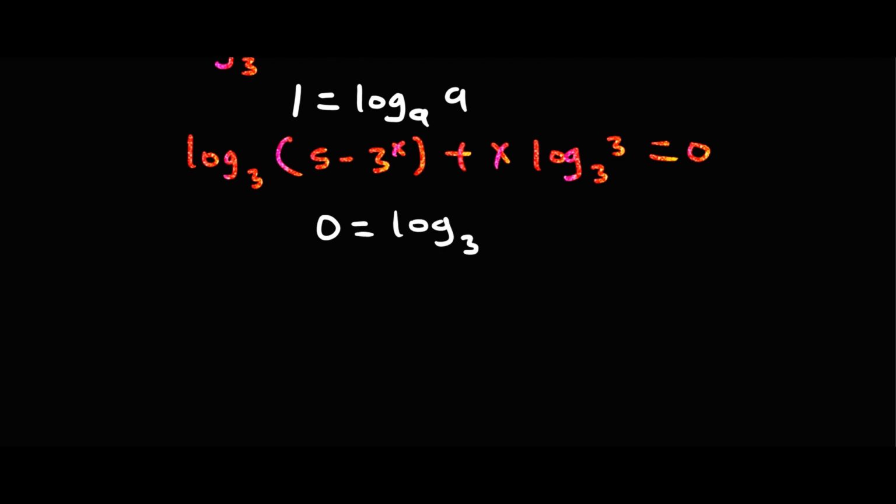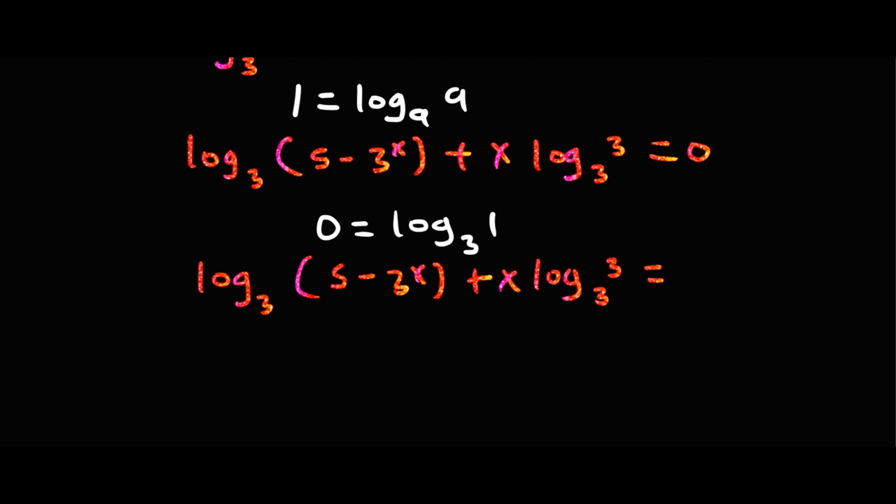We can write that as log to base 3 of 1. So that our new equation is log to base 3 of (5 minus 3 power x) plus x log base 3 of 3 is equal to log to base 3 of 1.